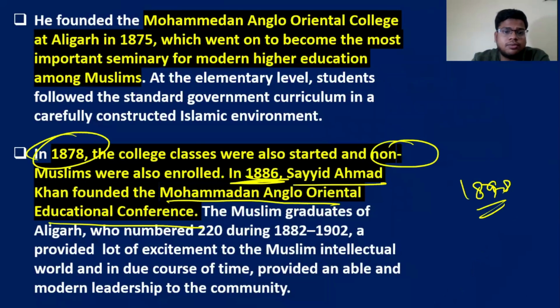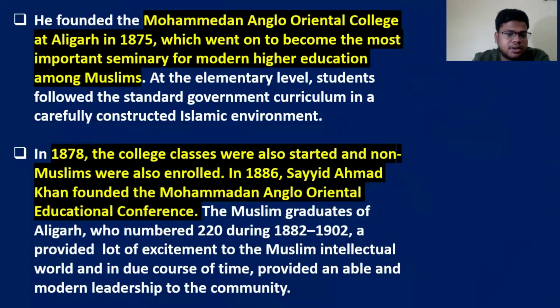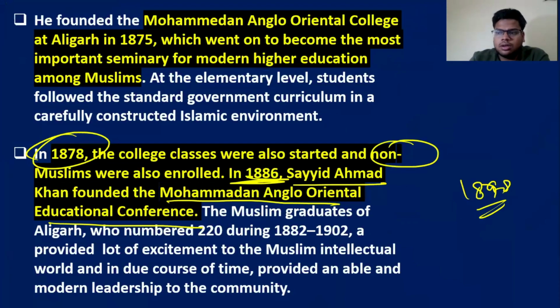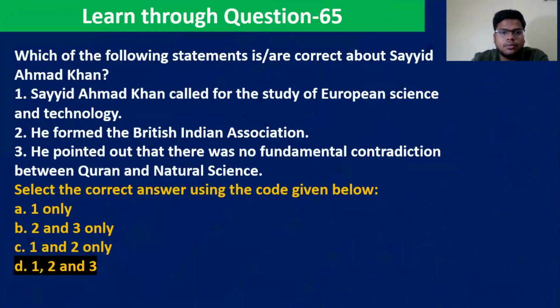Must be written somewhere. Let me see. Yes, 1866, he formed the British India Association. Okay, so remember all these things, right? So the answer is Syed Ahmad Khan. Answer is 1, 2, 3.